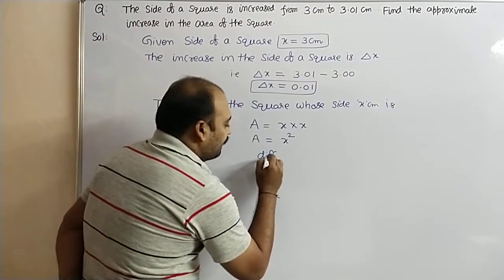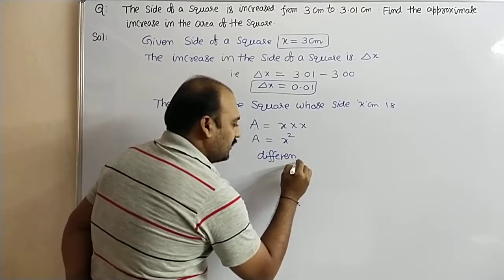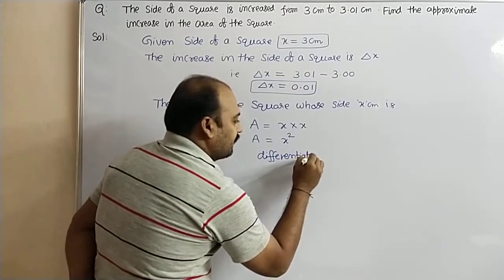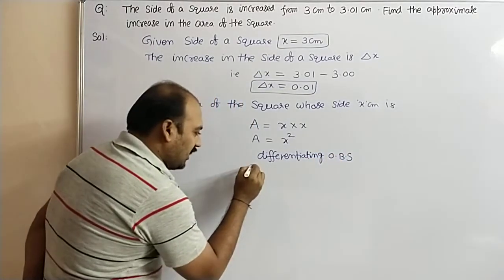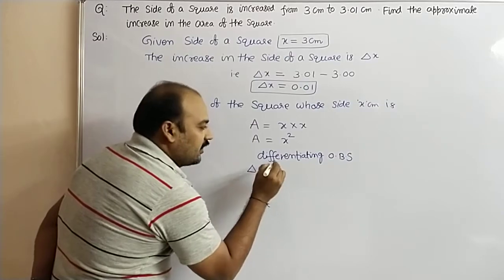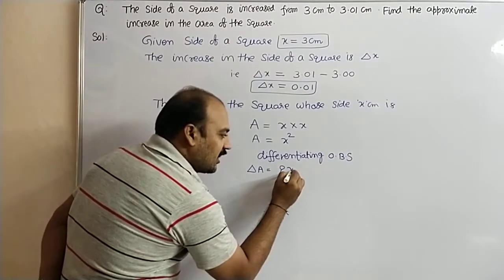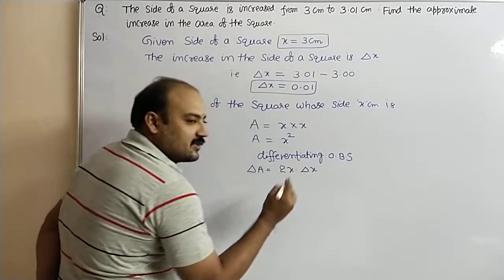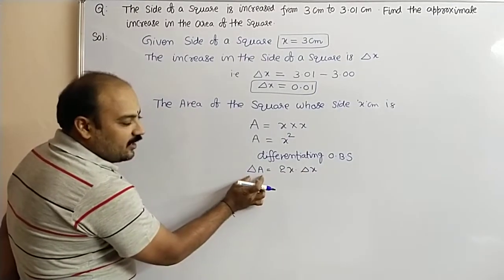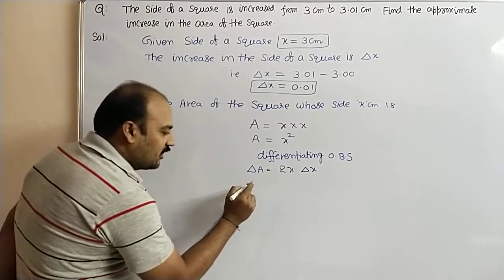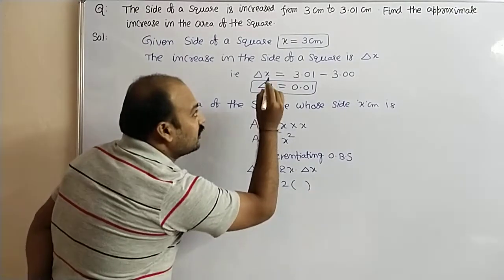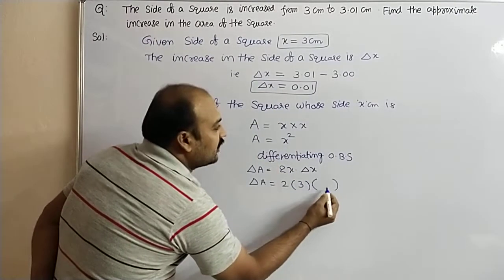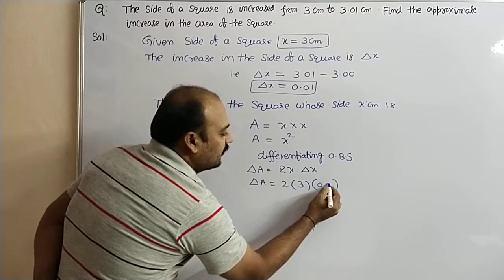Differentiating on both sides, A derivative is delta A. X square derivative is 2x. Again x derivative is delta x. Therefore, the approximate increase in the area of the square is delta A equal to, substituting the respective values, 2 into x value 3, delta x value 0.01.